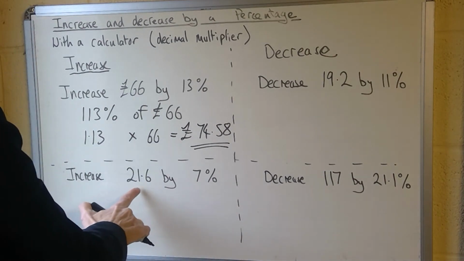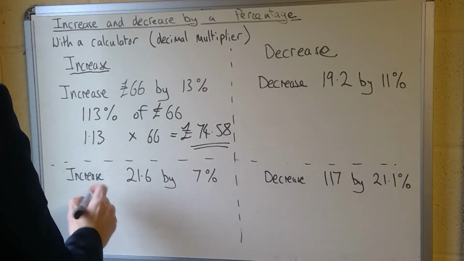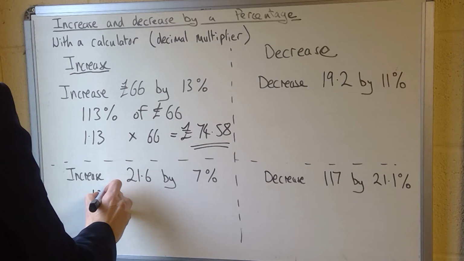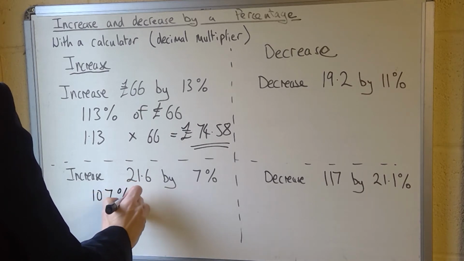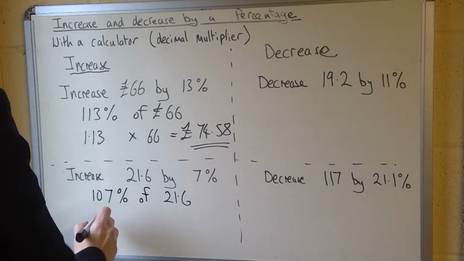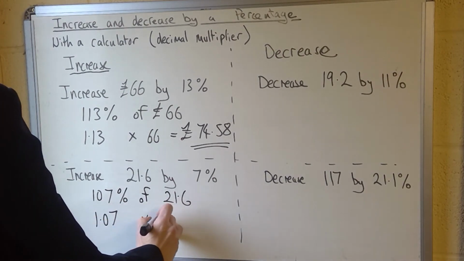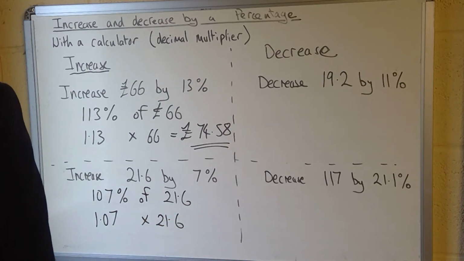So I'm increasing 21.6 by 7%. So if I add on 7 to my original 100%, I'm going to end up with 107% of 21.6. My decimal multiplier will be 1.07 multiplied by 21.6.